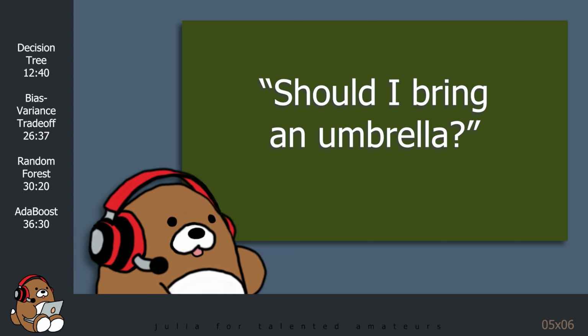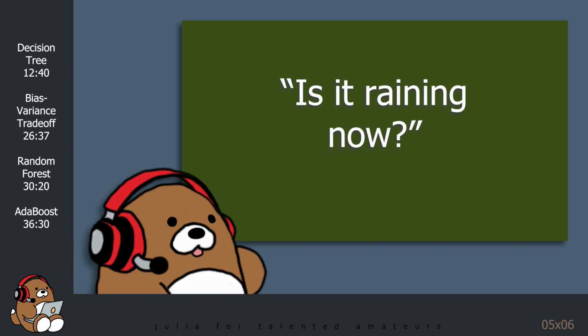For example, if you're about to go outside during the rainy season, you might wonder, should I bring an umbrella? Before answering that question, your brain may ask a collection of smaller questions first. For example, it might ask a simple yes or no question like, is it raining now?